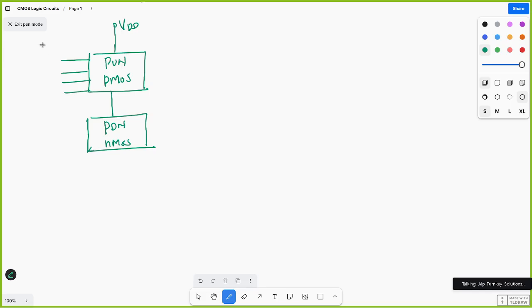Let us take this as input, this is also an input, and from here you are taking the output, and this is ground. This is the basic structure.